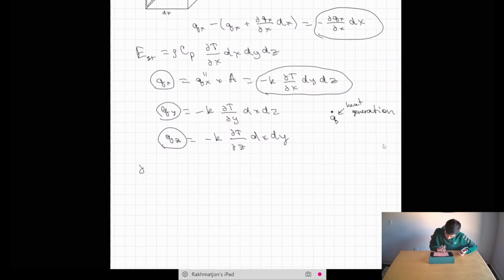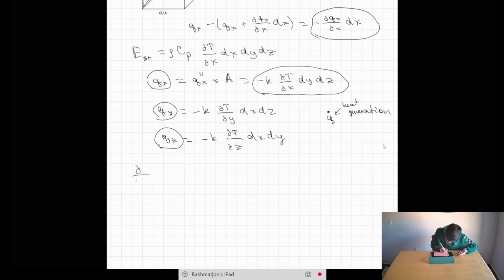So inside I'm going to have k times delta T over x, and that's going to be dx, dy, dz, right?